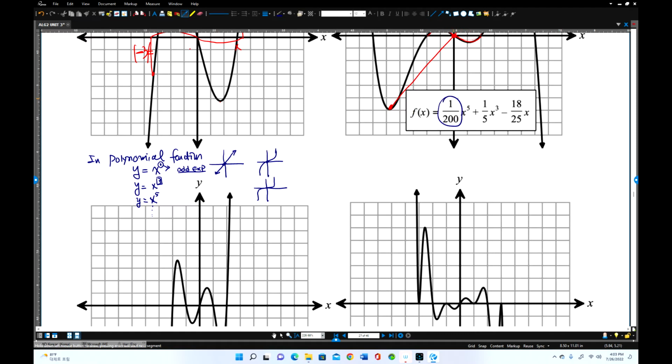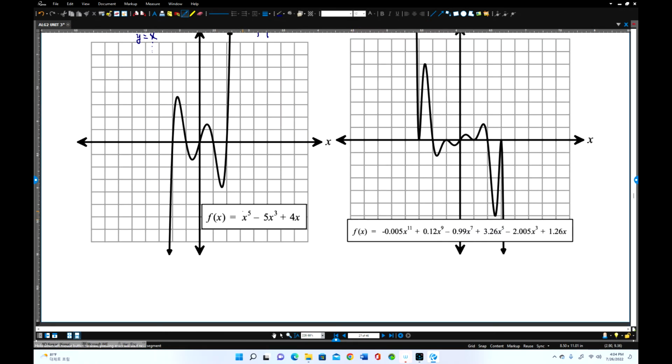Coefficient doesn't affect anything, just compare this. So x to the 5 is odd, x to the 3 is odd, x to the 1 is odd, a combination of odd. So you can make the conclusion, a combination of odd functions is odd. Okay, that's the rule.